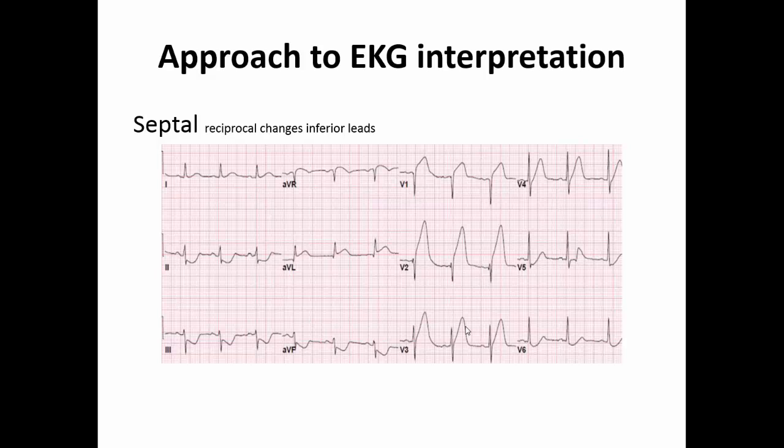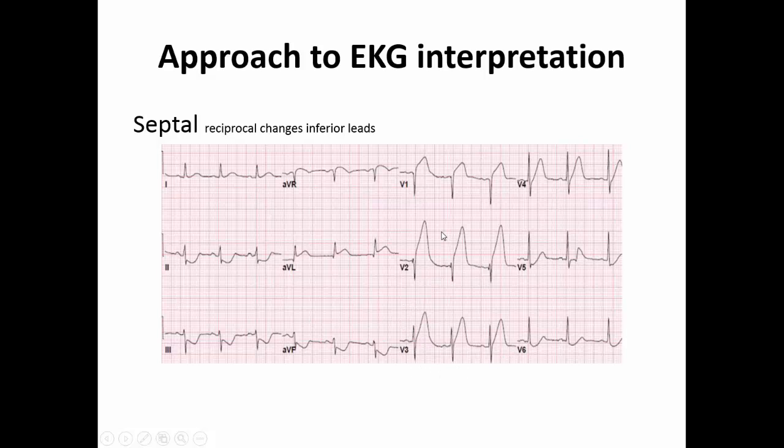And here's another EKG. With this EKG, thinking about the way we're supposed to review these, it's regular. There's a P wave in front of each QRS complex. The QRS complexes are less than 3 small boxes, so they're normal.